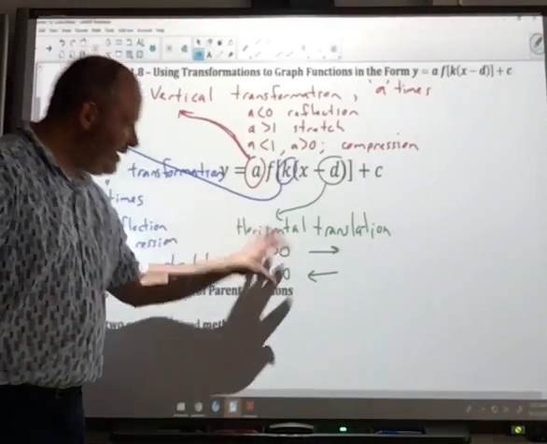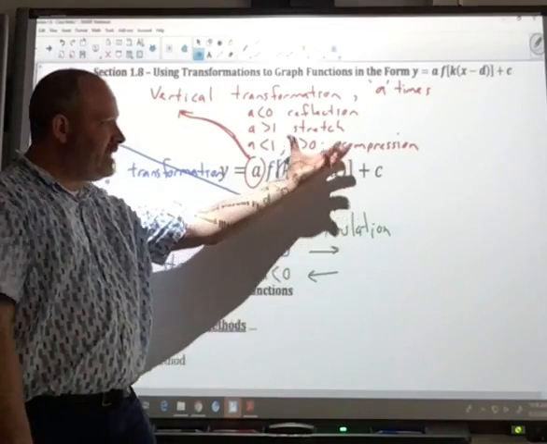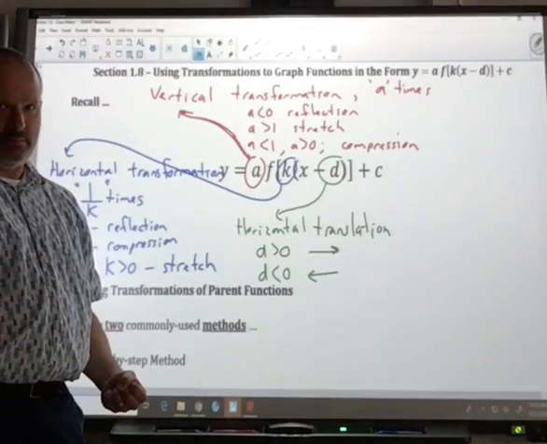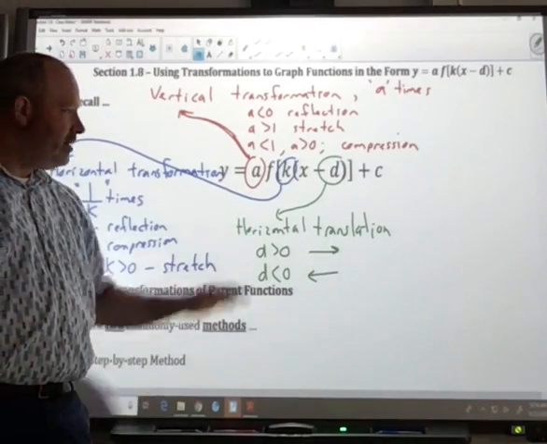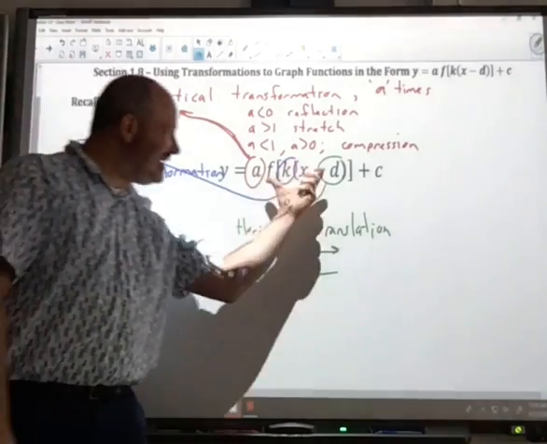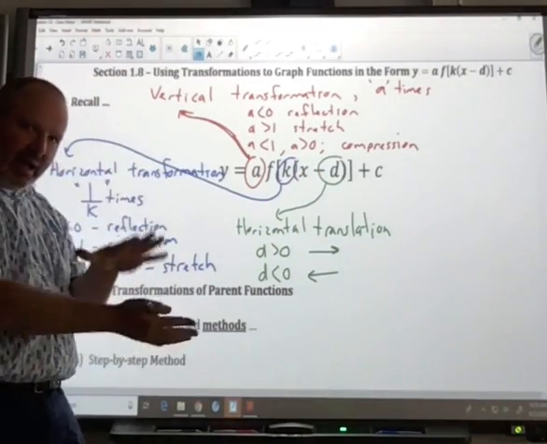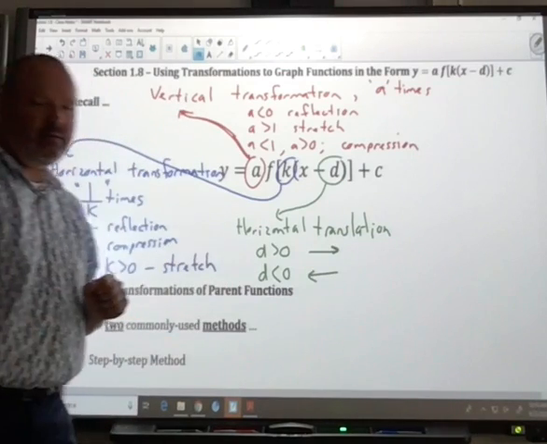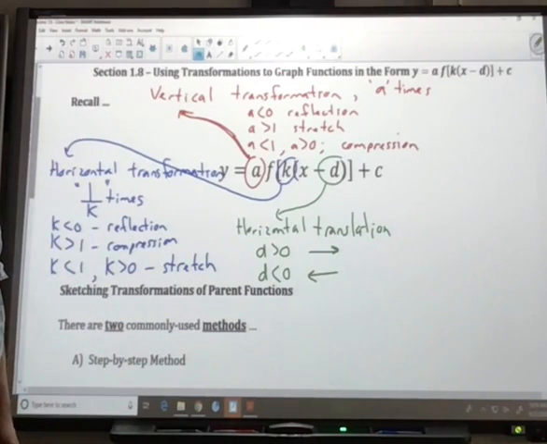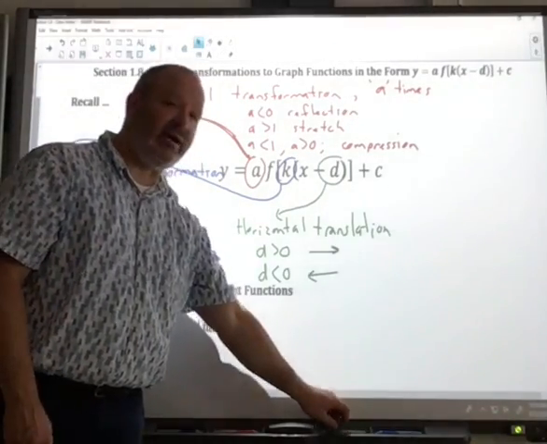And remember, for these D values, it's once we take it out of the function. So horizontal stuff is inside the brackets, with the squared, under the square root, in the bottom of the fraction, within those absolute value signs. That's the stuff that affects our x values.